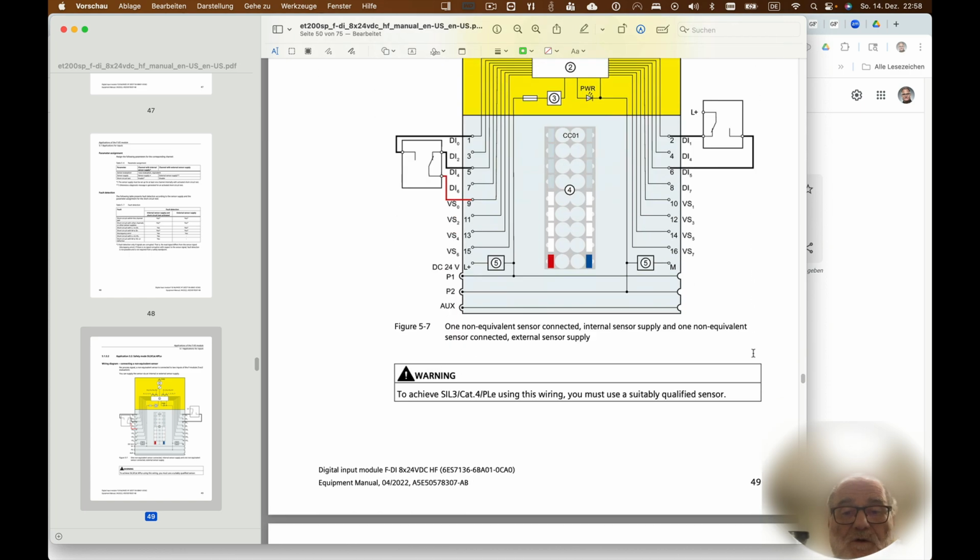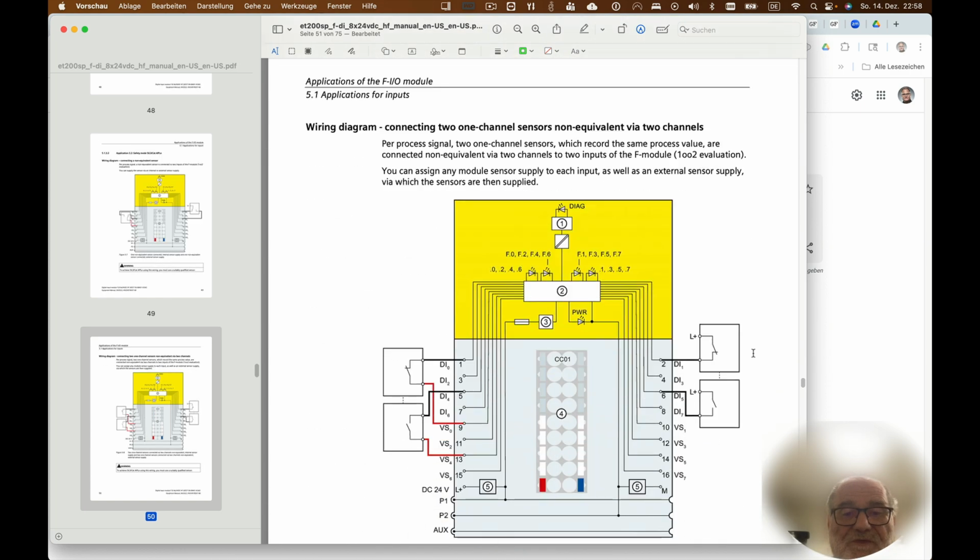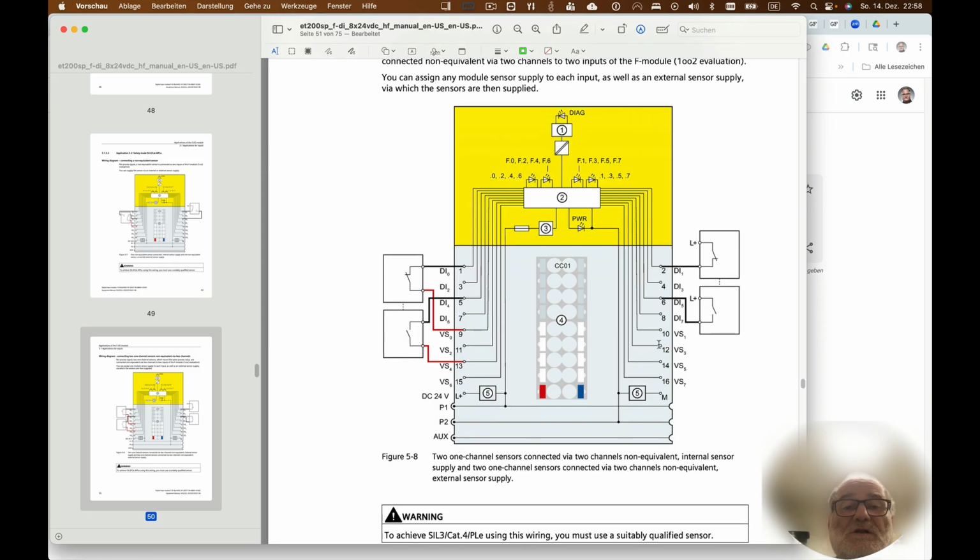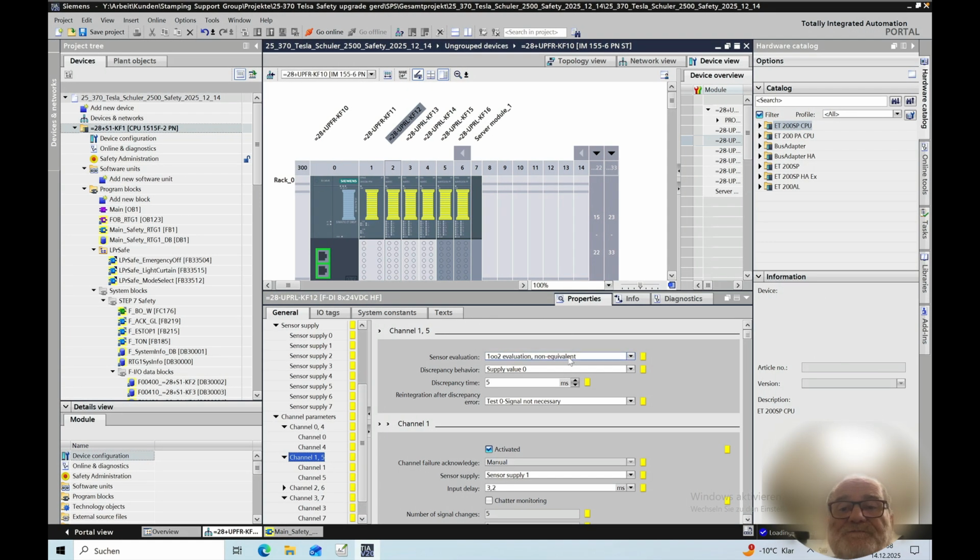I would rather go with the two individual sensors, where one sensor has a normally open and one sensor has a normally closed contact. And this is the setup for the non-equivalent, which you can see here.